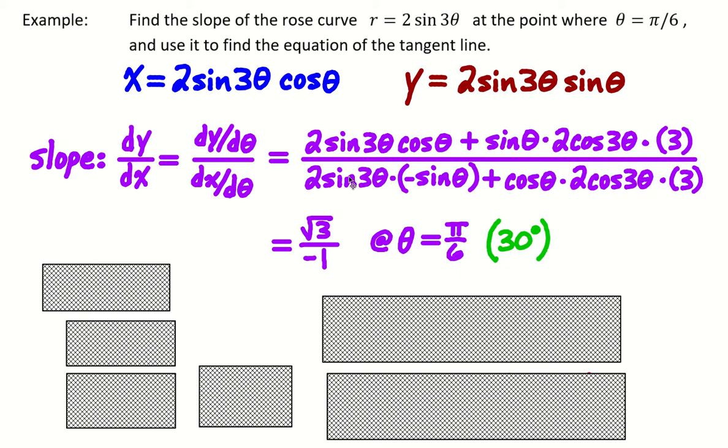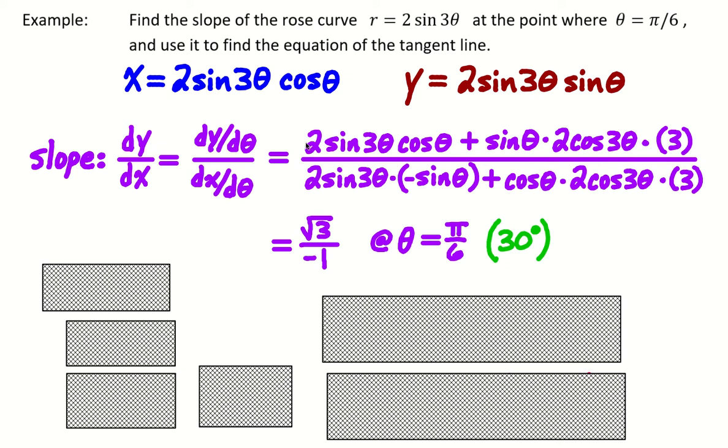What's the sine of 90? Or you can just throw all this into your calculator. Just make sure you're in the proper mode, but the bottom line is the final answer is negative square root of 3.